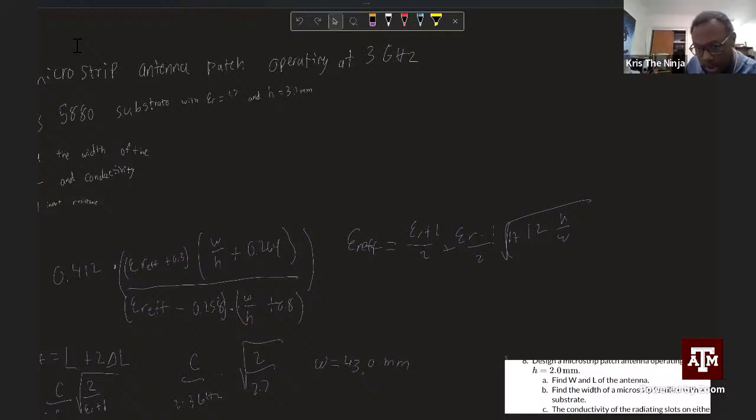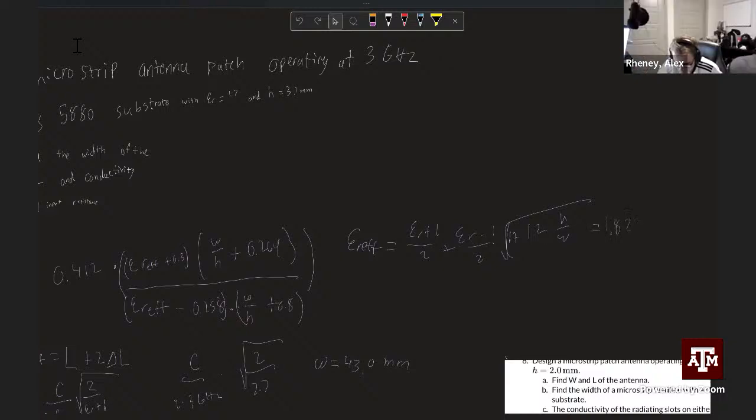Wait, no, almost forgot my times 12. Okay, cool. Then 12 times that. So then you do that, multiply by that. Yes, that. And then plus 1.35. So your epsilon R effective should be 1.828.